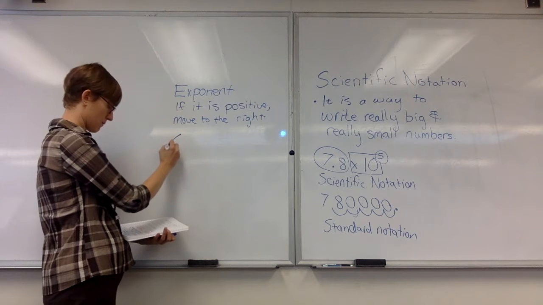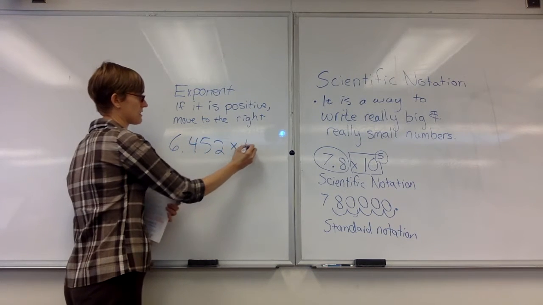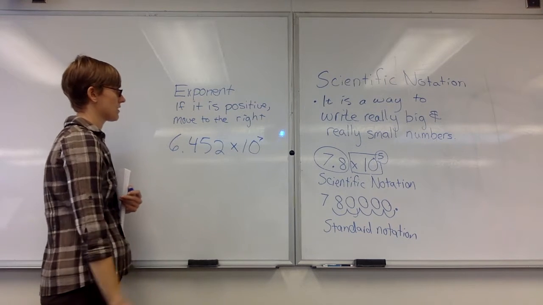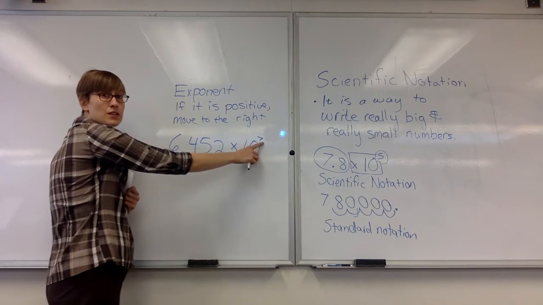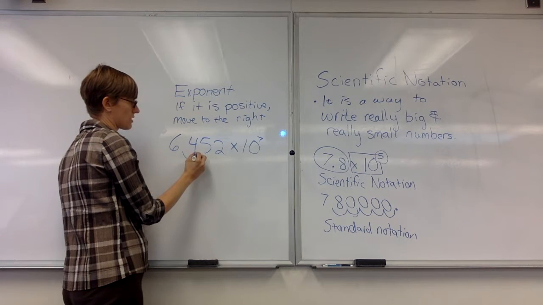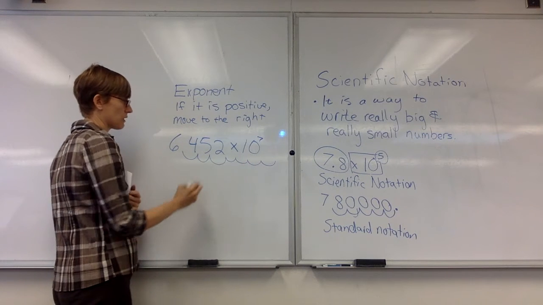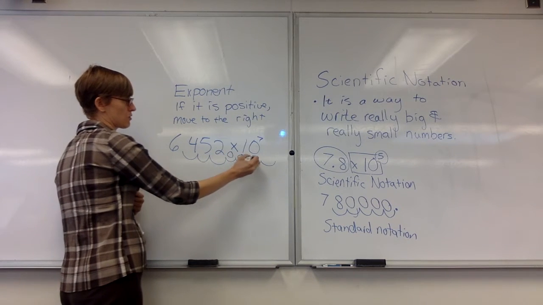So let's look at this example, 6.452 times 10 to the 7th. So since my exponent is a positive 7, I'm going to move my decimal point 7 places over. So that's 1, 2, 3, 4, 5, 6, 7. Well, in order to make this work, I have to fill in zeros here.